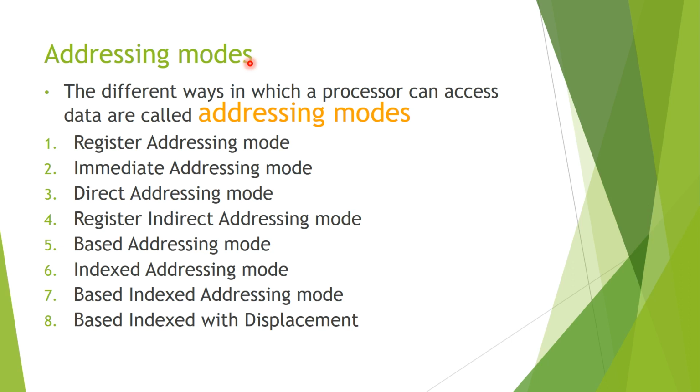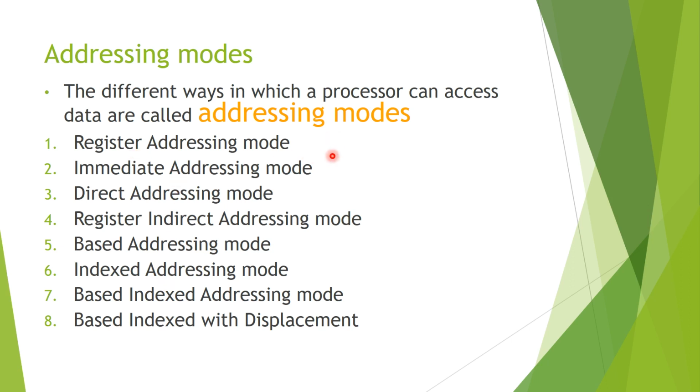So addressing modes are different ways in which the processor can access the data. So that means this data is available in different places, and how the processor will access this data, that way is defined as the addressing mode.